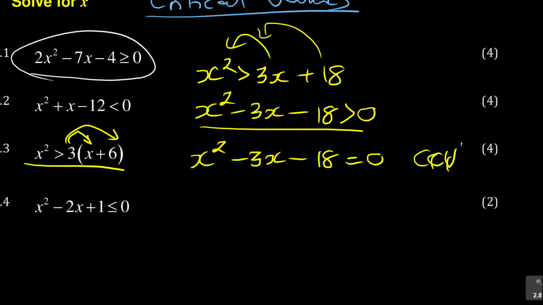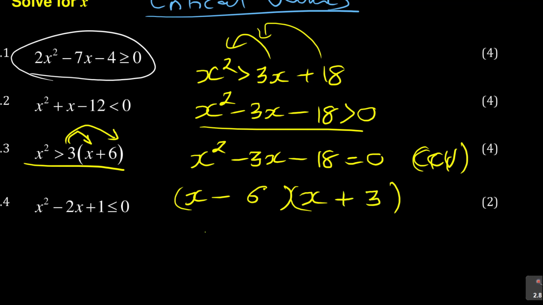Save your critical values. So now if you solve, I'll prefer the quadratic equation because it helps you to make less errors, but if you're good with this one, it's still fine. Here I will have the factors of 18, 9 and 2, 6 and 3, so it will be x minus 6 and then x plus 3.